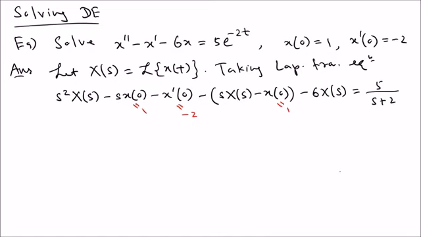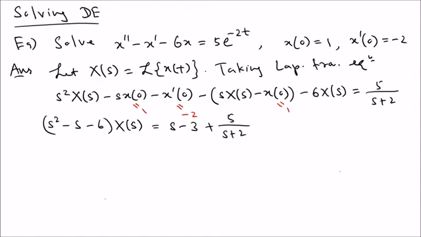Taking the common factor, we have s squared minus s minus 6 times X(s), and you can see this is exactly equal to the characteristic equation, but with s, not lambda. That always happens. And then we bring the other terms to the other side, so we have s minus 3 plus 5 over s plus 2.